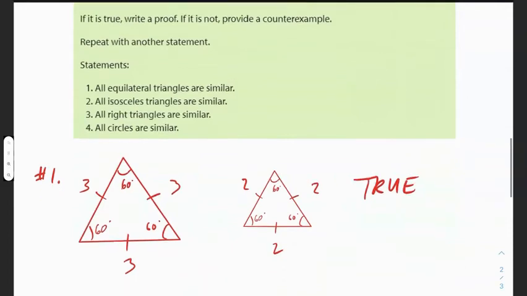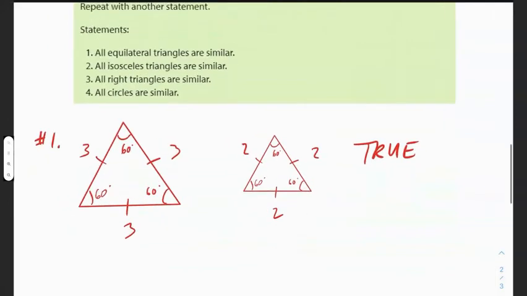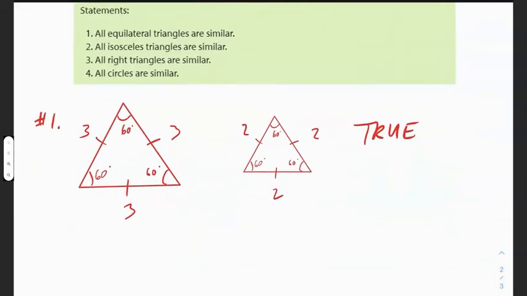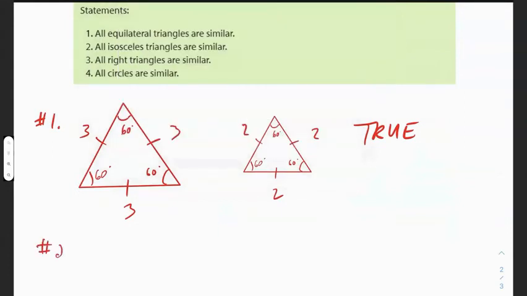All right. Let's take a look at number two and see what happens here. Number two, all isosceles triangles are similar. Let's see. This side has to be congruent to that side. The base can be different though, right?